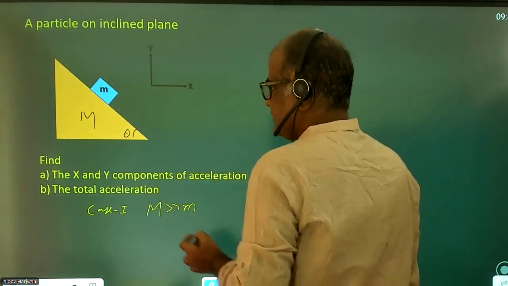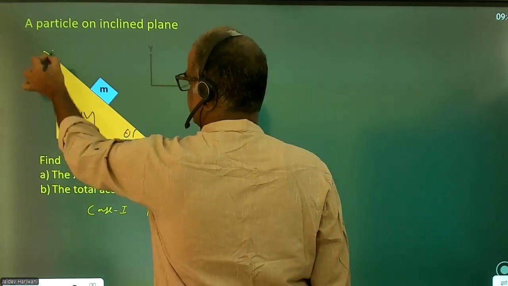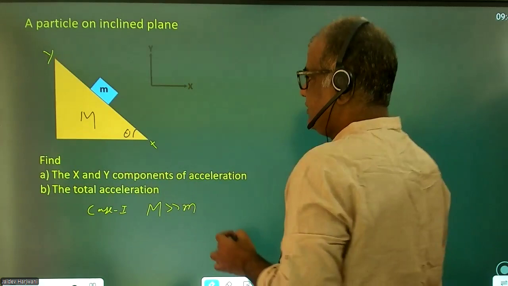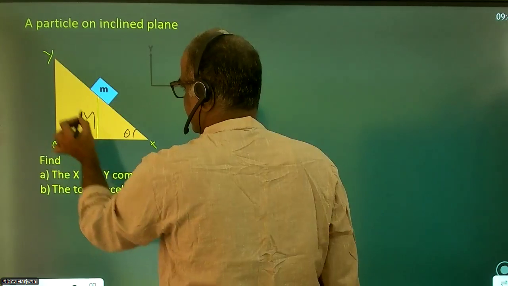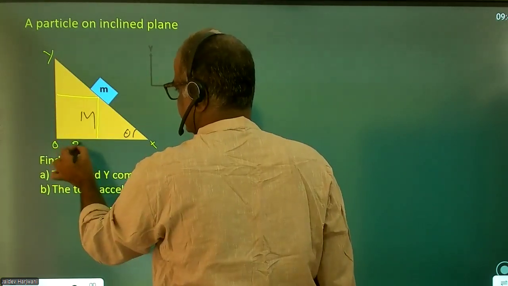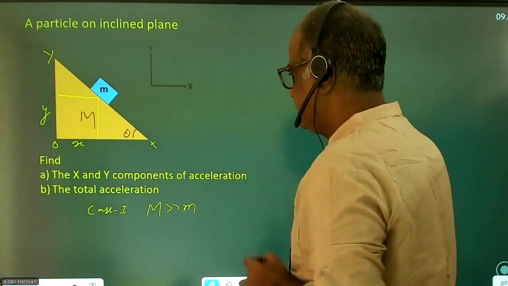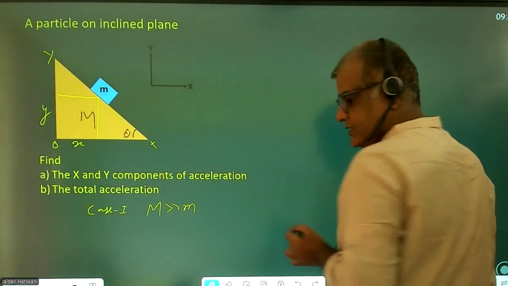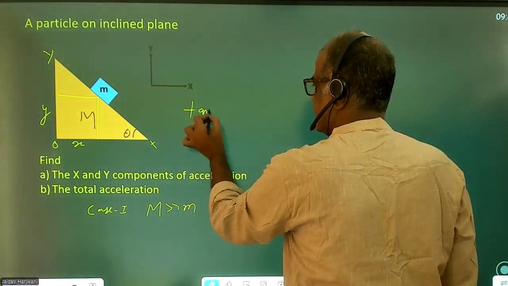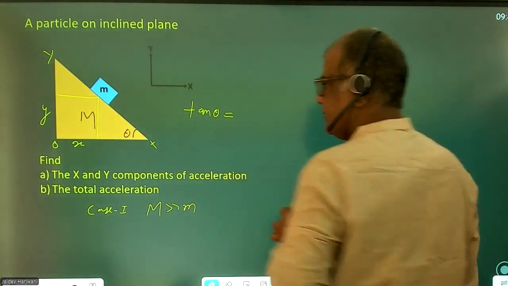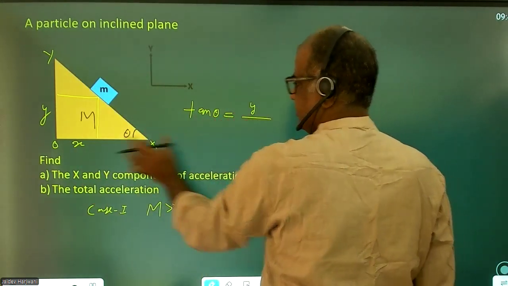Now let us say this is my x-axis, this is my y-axis, and this is my origin. So say this is the xy coordinates of the block. This is my x, this is my y. Now if I want to write a constraint equation, I can write tan theta, which is basically this y upon this.